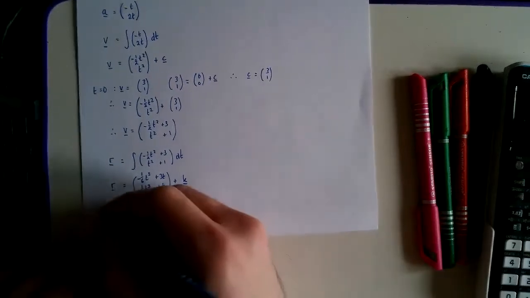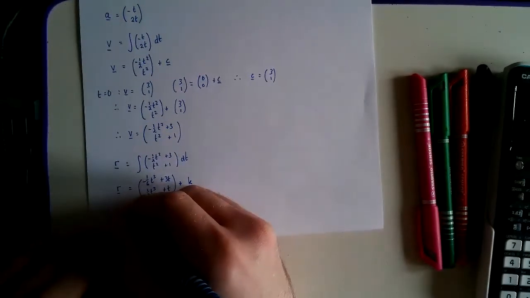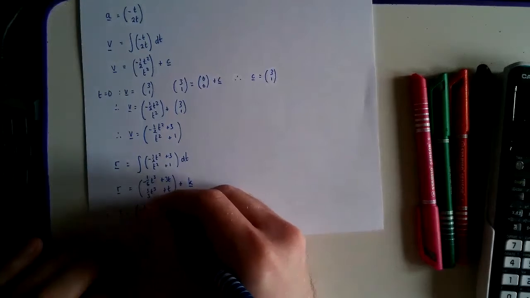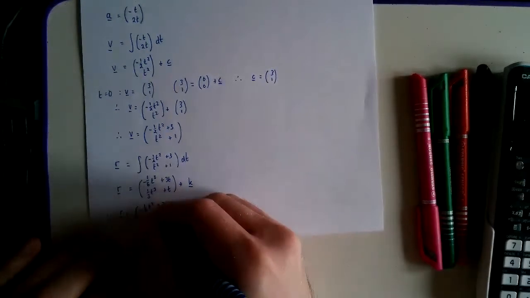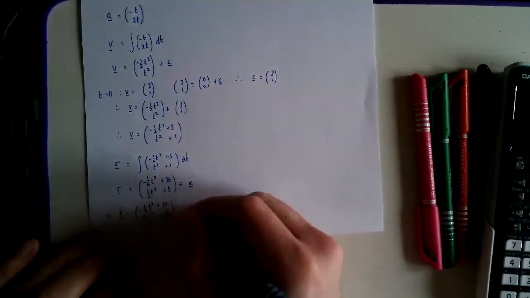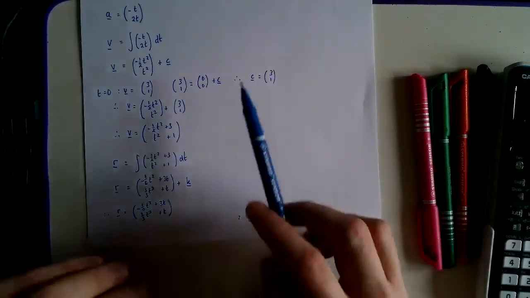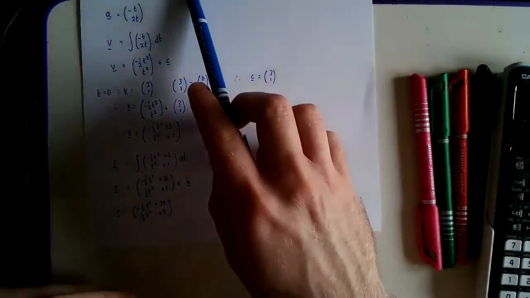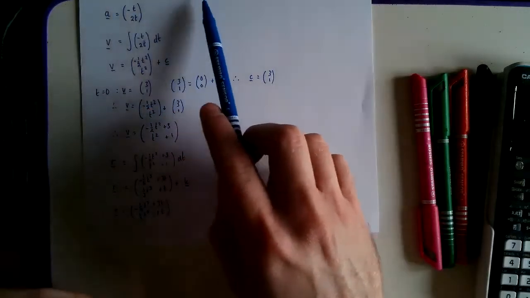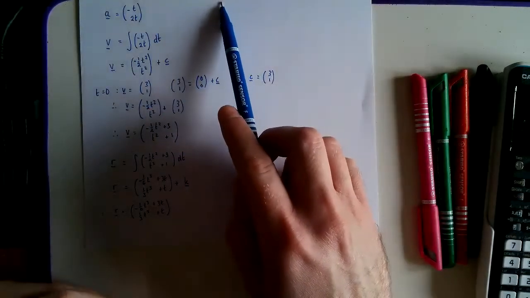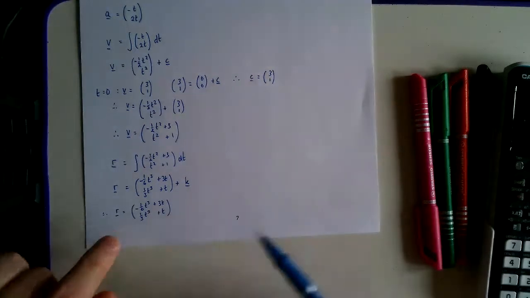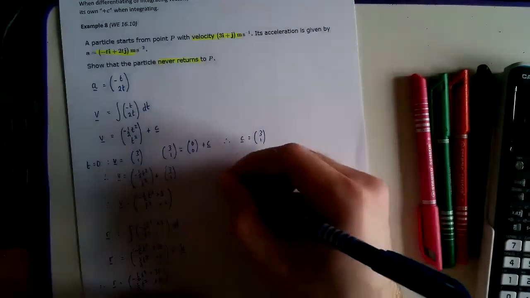So therefore, I can say that r equals minus 1 over 6 t cubed plus 3t, and so on. The reason for that as well: let's say that P was vector P. Then what I'm going to do is show that the particle never returns to P. So I'm going to make this equal to P. So then the P's just cancel out anyway.